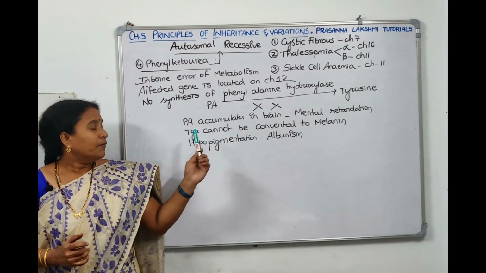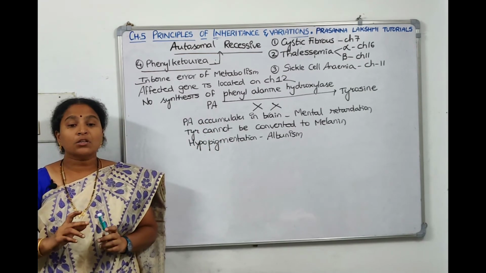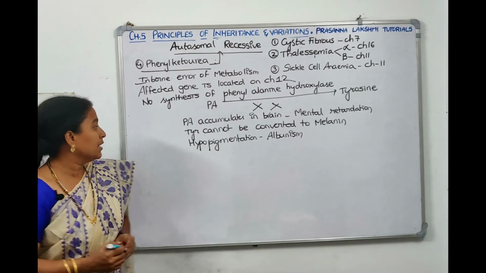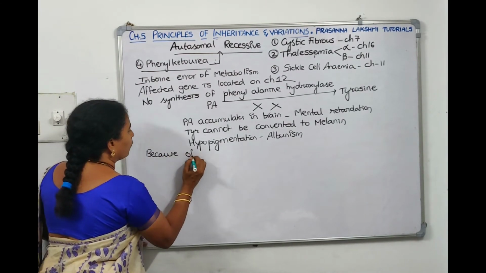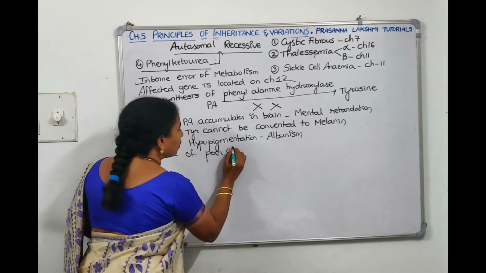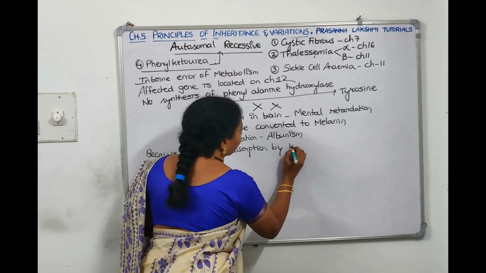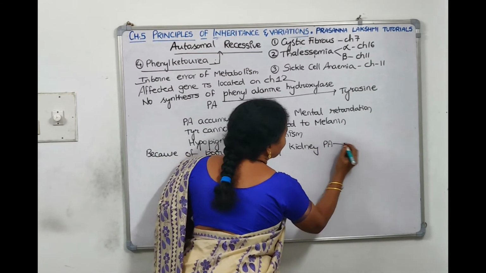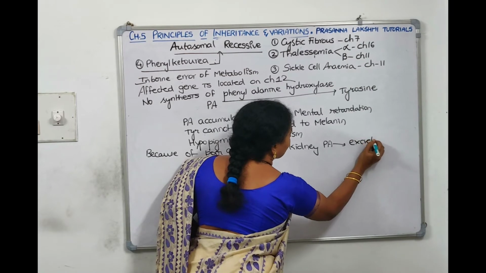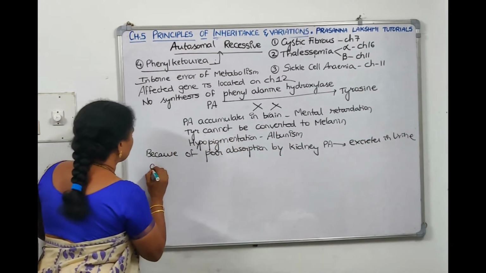Phenylalanine causes mental retardation, melanin will not be formed, and because of poor absorption by the kidney, phenylalanine is excreted in urine as ketone bodies.